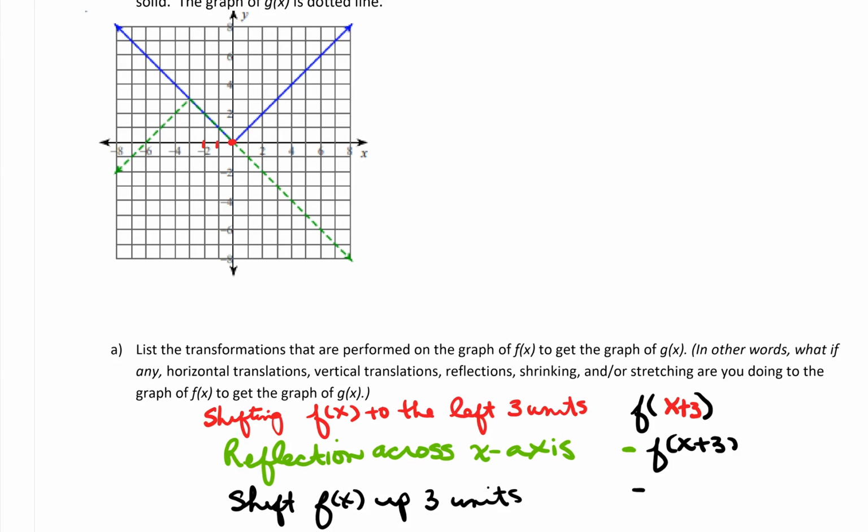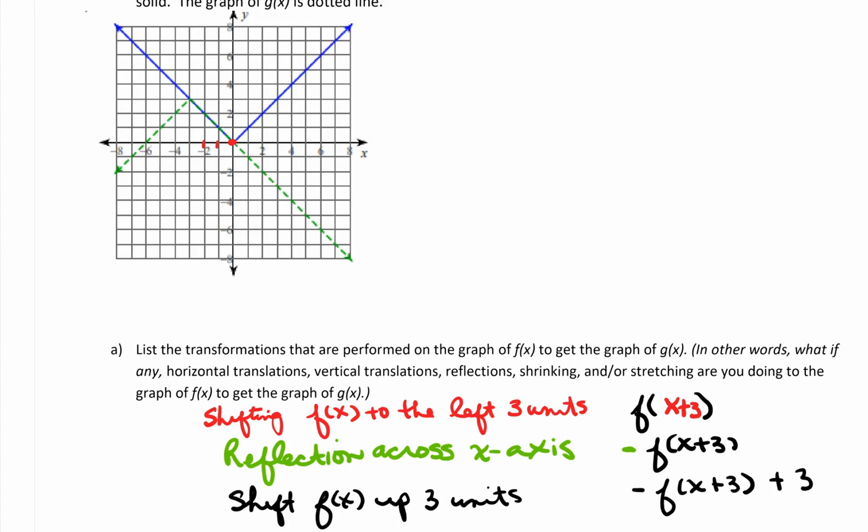If we're shifting it up 3 units, we're going to add 3 outside of our f of x value. And so in our case, so far we have a negative with all those 3 transformations, f of x plus 3, and then outside of that plus 3.